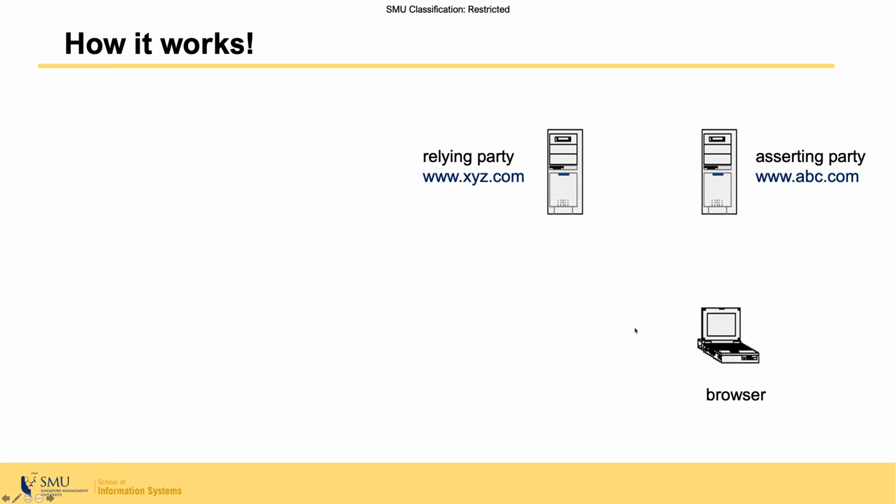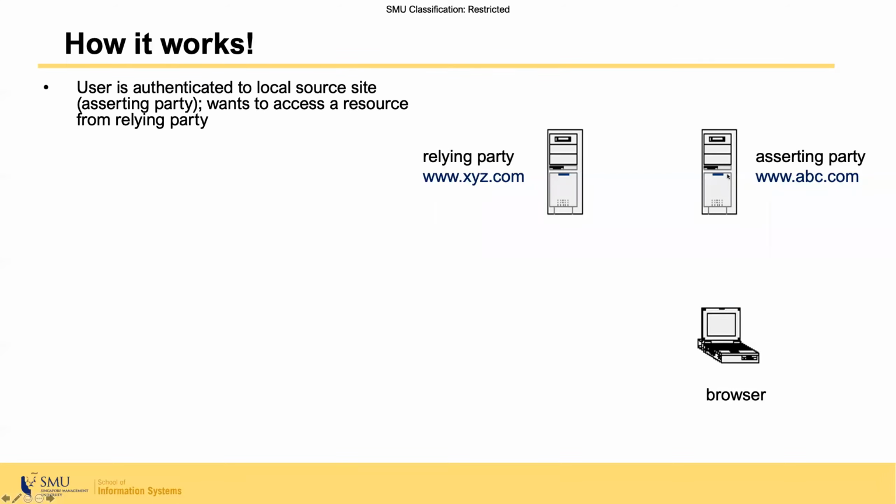First of all, the user must be authenticated through this asserting party. And this user wants to access certain resources owned by the relying party, just like the SMU and Google Drive example. So first of all, the user would browse through a website owned by this asserting party, in which it may contain links to those external resources.